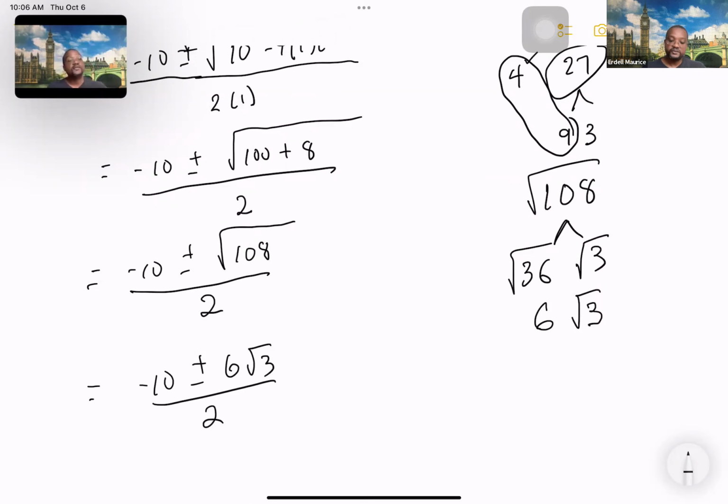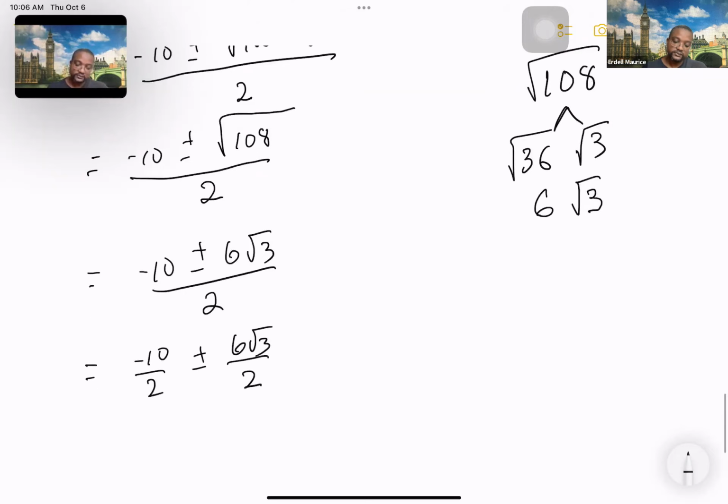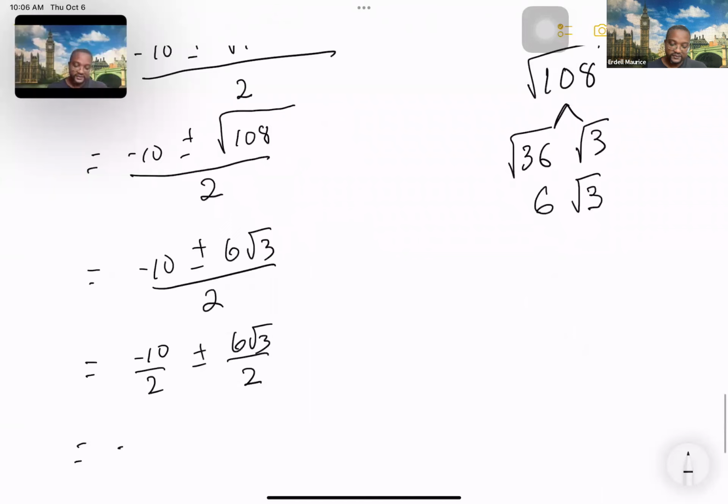Because the quadratic formula, you split it up into 2 pieces. That's going to be -10 over 2 plus or minus 6 root 3 over 2. And then after I simplify, -10 divided by 2 is -5. And 6 divided by 2 is 3.